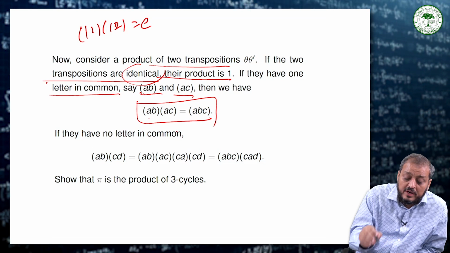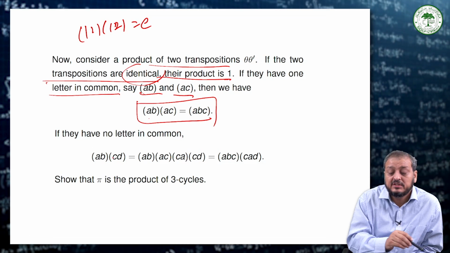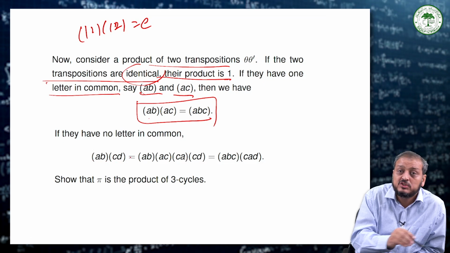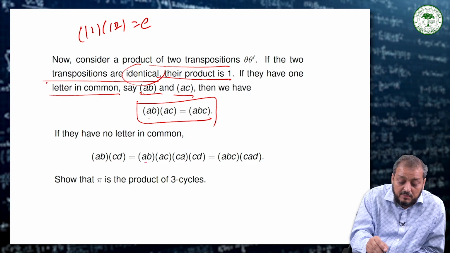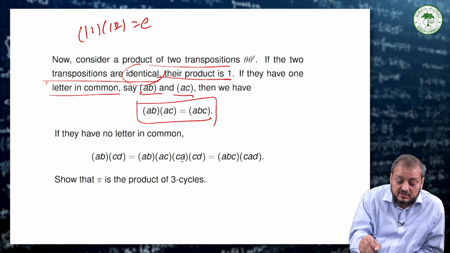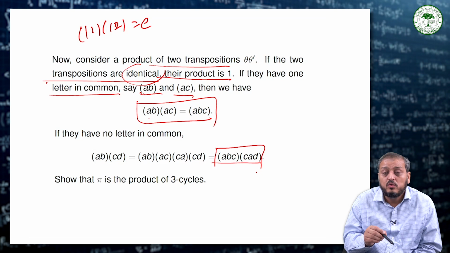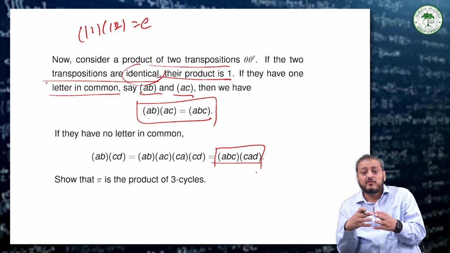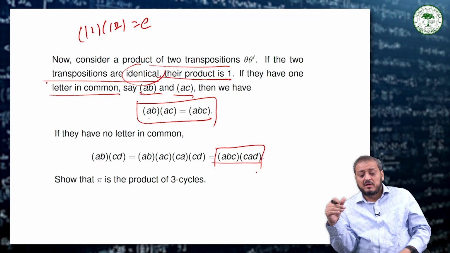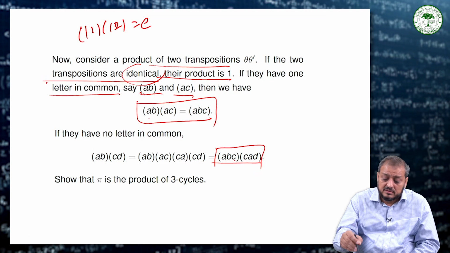Now if no letter is common, so (a b) and (c d) are disjoint, then we can write (a b) as (a c)(b c)... and (c d) similarly, so this is written as a product of 3 cycles.